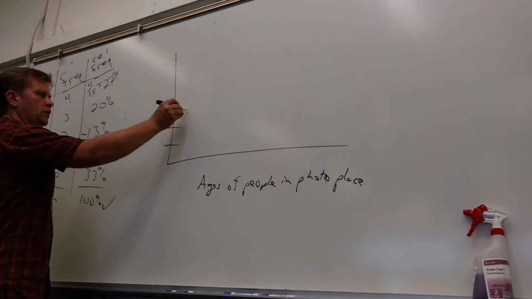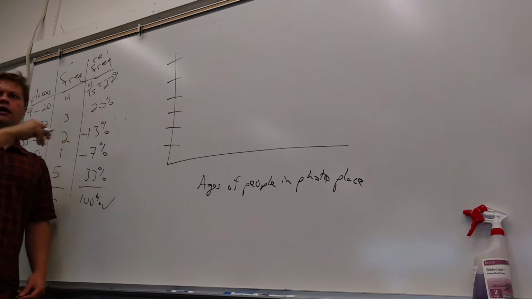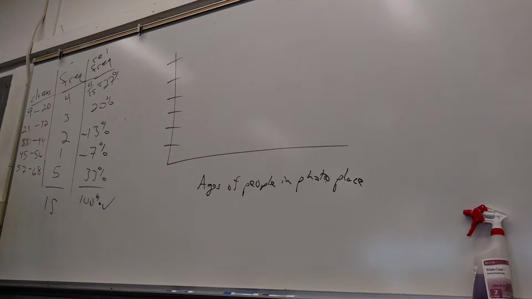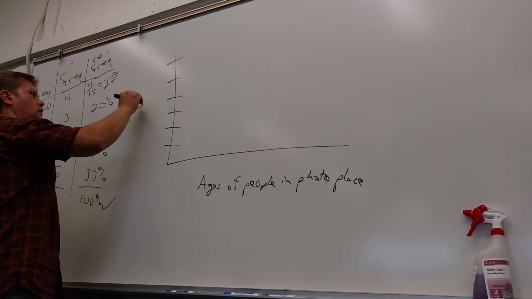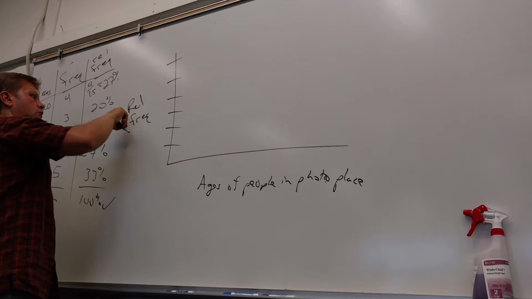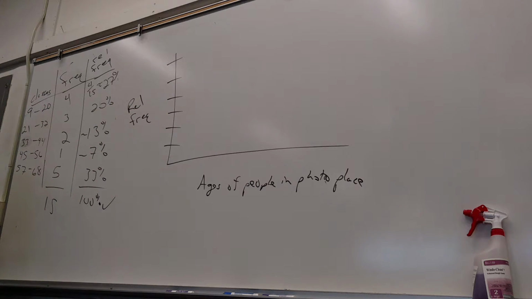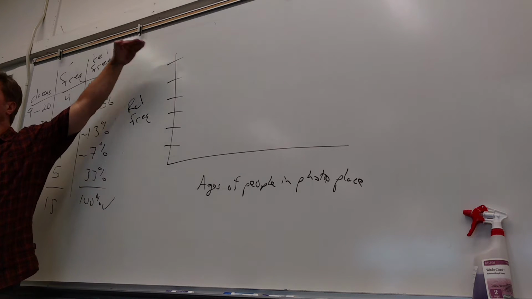And I could ask you either for a relative frequency histogram or a frequency histogram. So you have to be careful about which one you use. Let's make a relative frequency histogram. And how far up do I need to go?